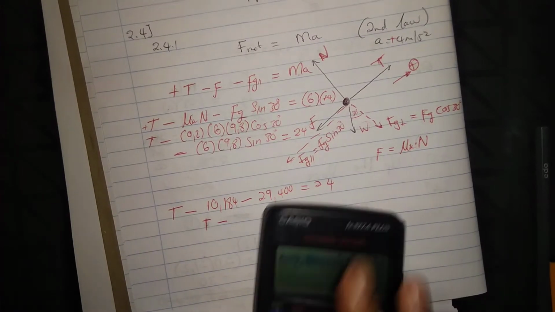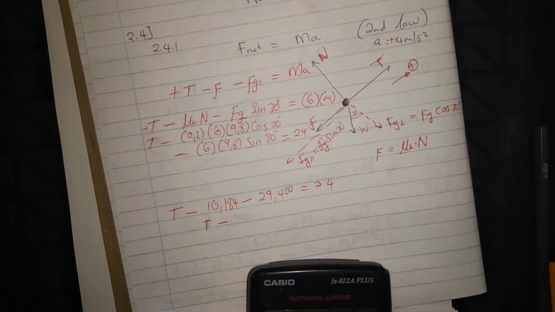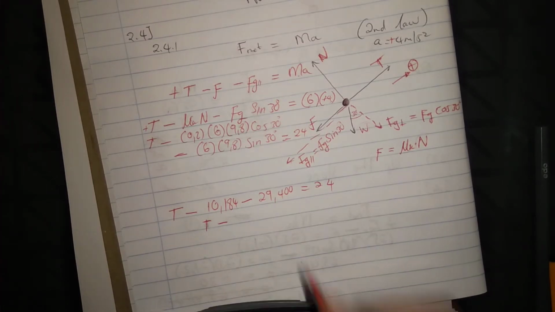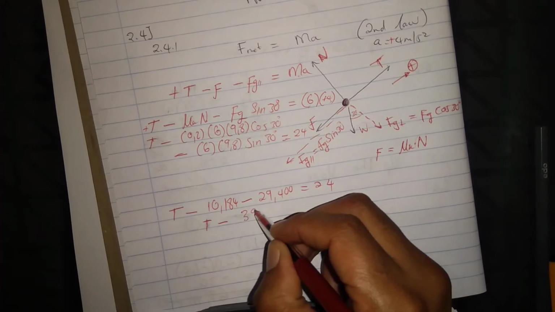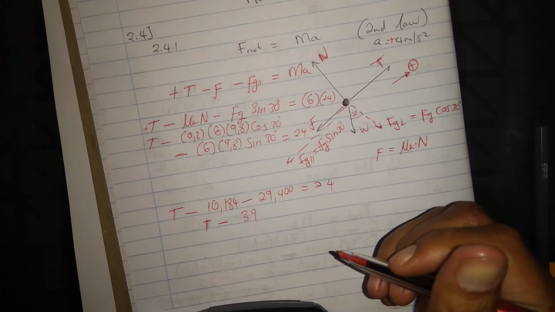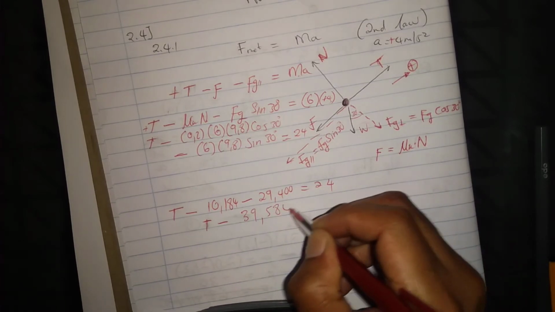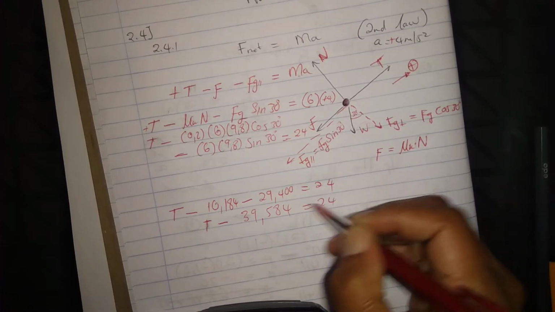So T is equal to minus 10.184 plus 29.400, which is 39.584, equal to 24.